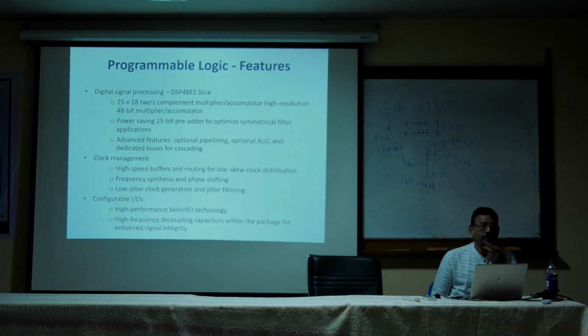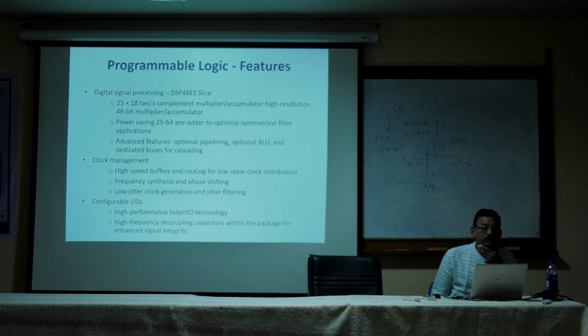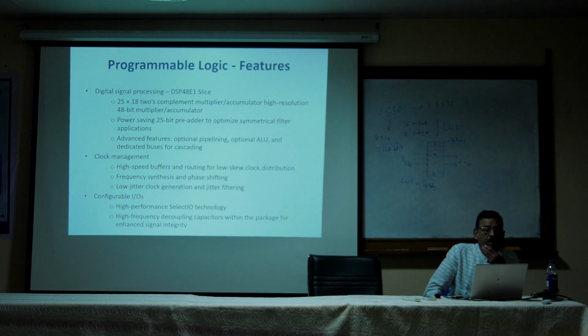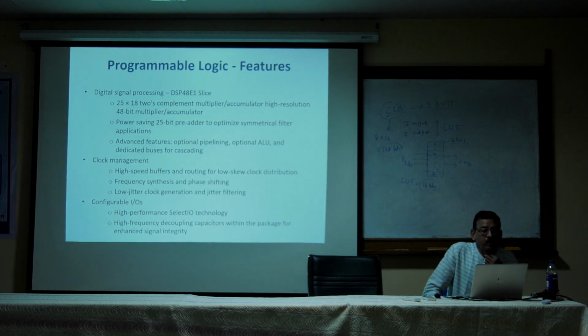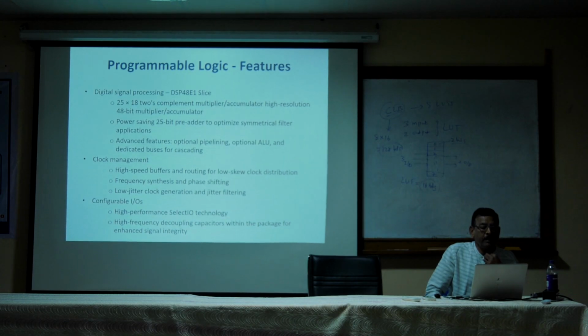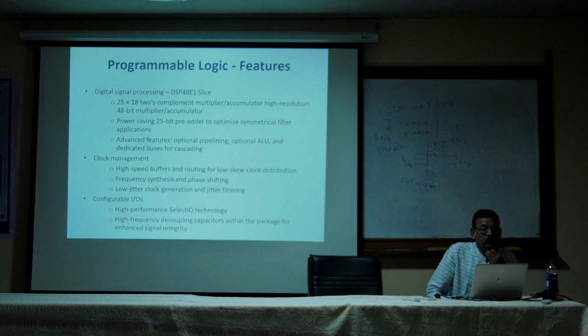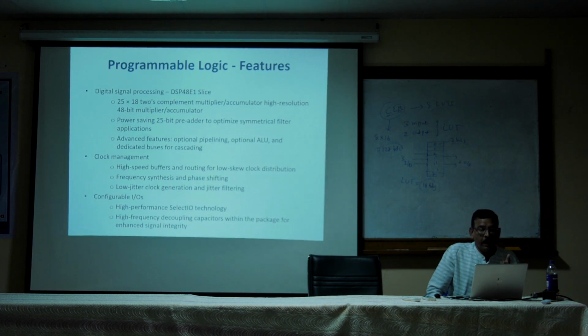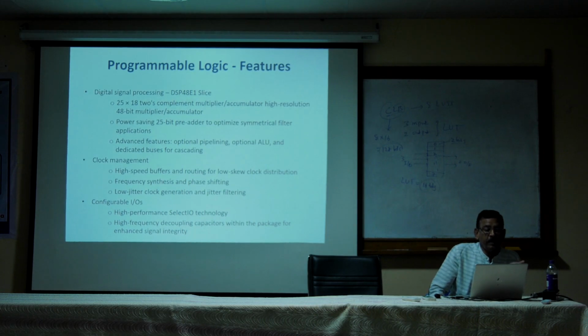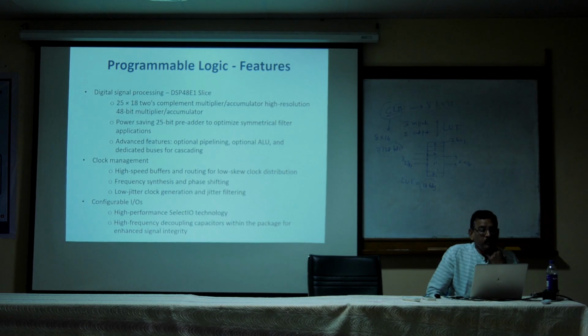DSP slice, we have seen DSP slice in the morning. So, here 25 by 18 2's complement multiplier accumulator, high resolution 48-bit multiplier accumulator, 25 by 18 2's complement multiplier and accumulator, high resolution 48-bit by 48-bit multiplier and accumulator also possible.